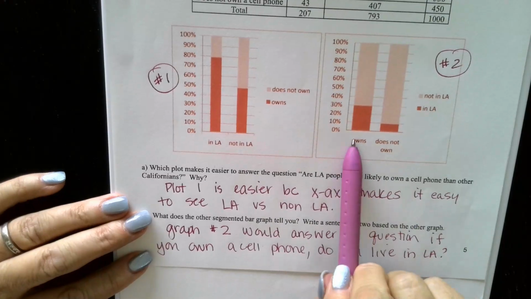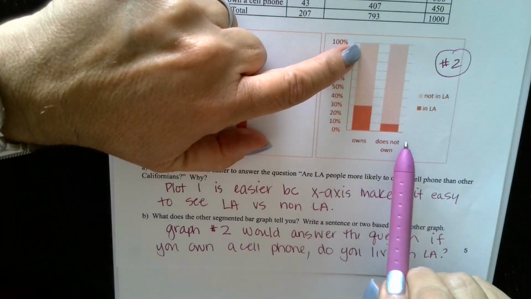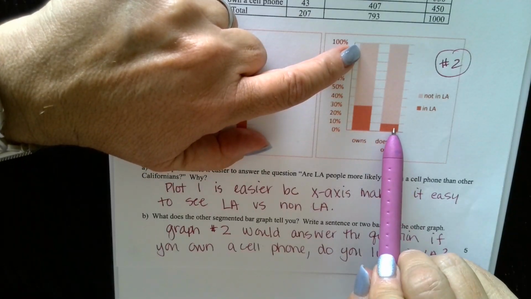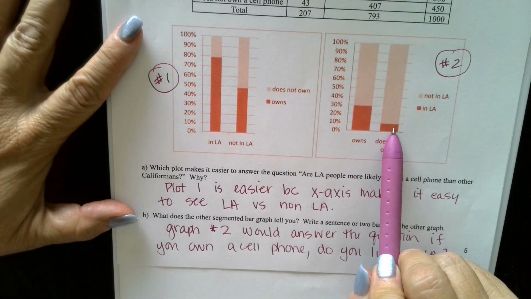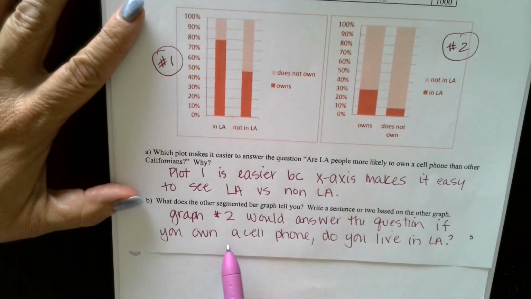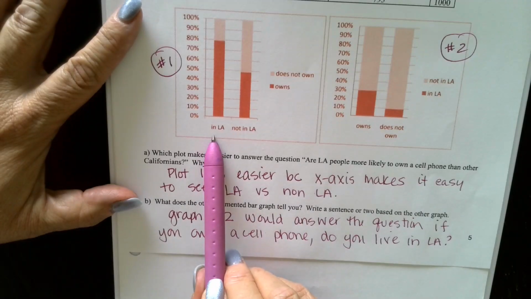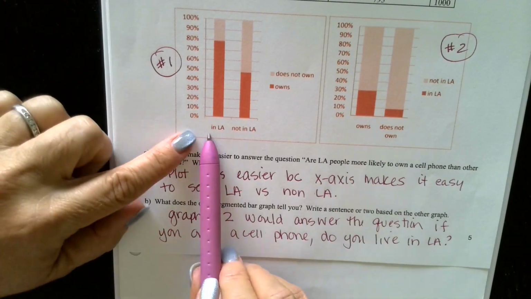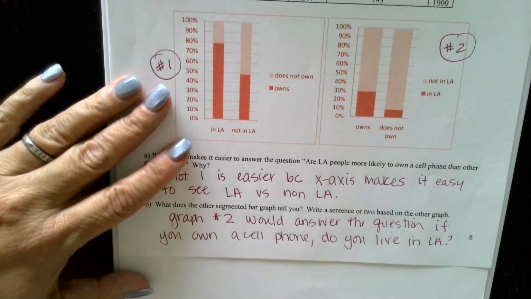So if you own a cell phone, you're in LA or you're not in LA, and who does not own a cell phone, in LA or not in LA. And so what you would see is that if you own a cell phone in California, you are more likely to live in LA. So I think that this question here is super important because what we're doing is looking at our x-axis and how we have these split out. Okay, I think that's it. Hold on. Yep, that's it. All right.